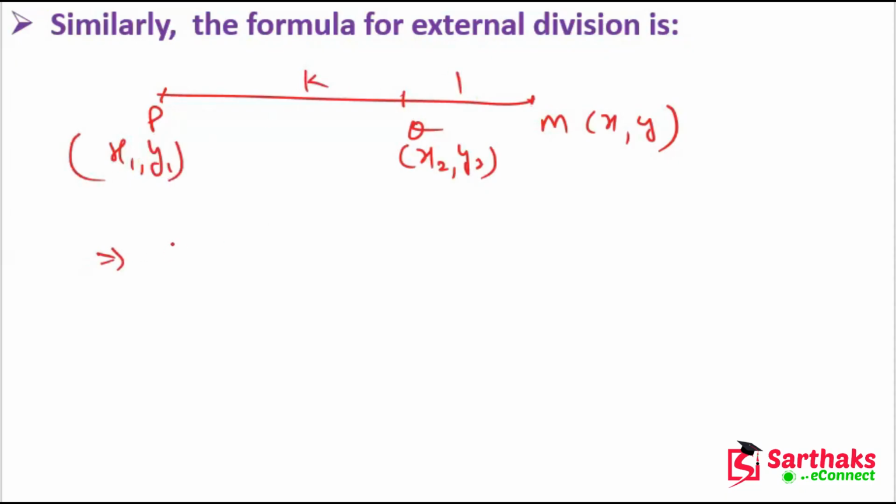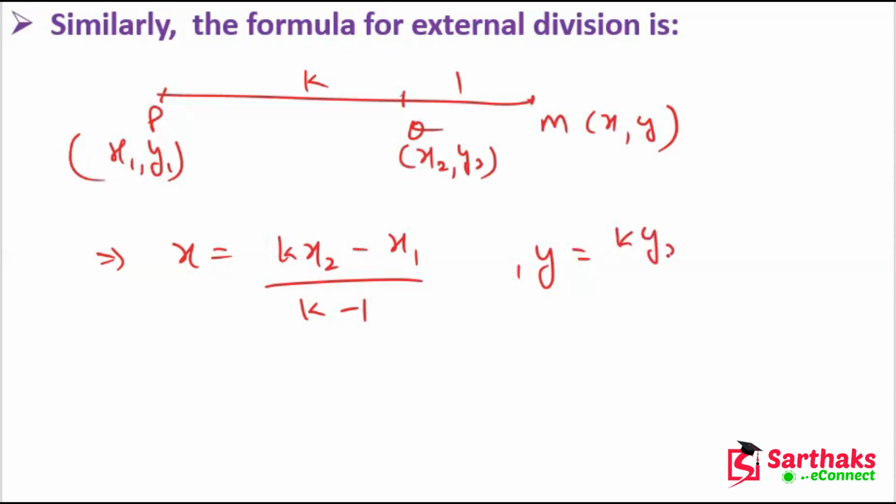So we can write the formula as x = (k x2 − x1) divided by (k − 1), and the formula of y is (k y2 − y1) divided by (k − 1).